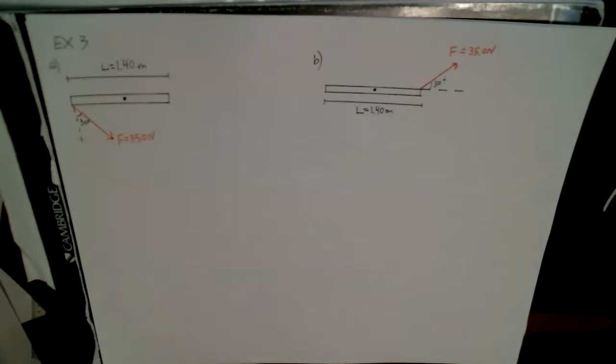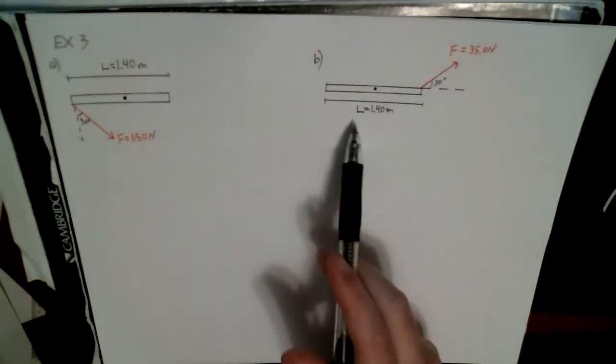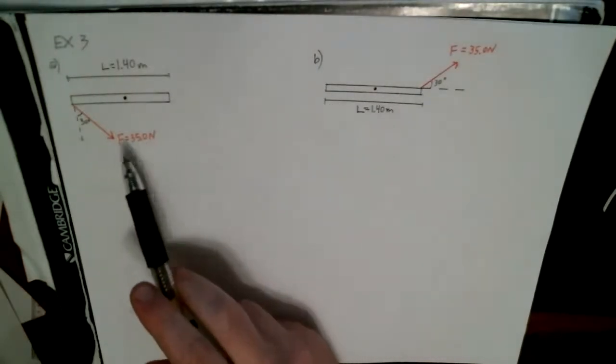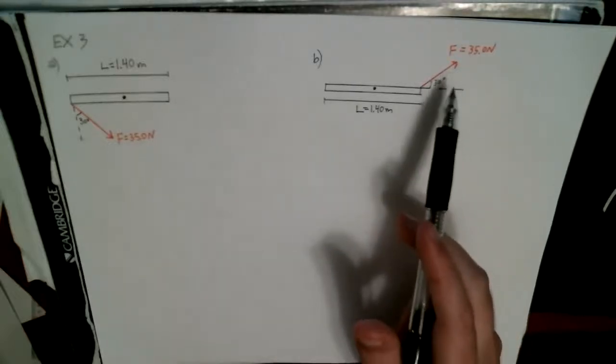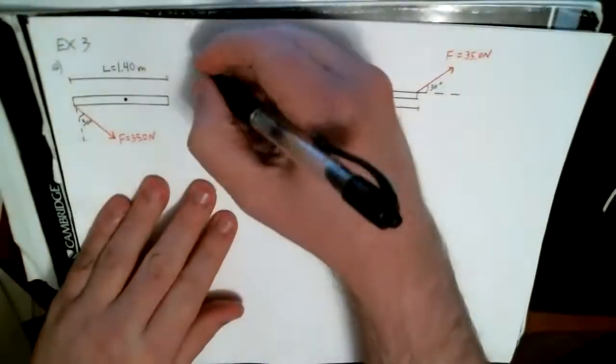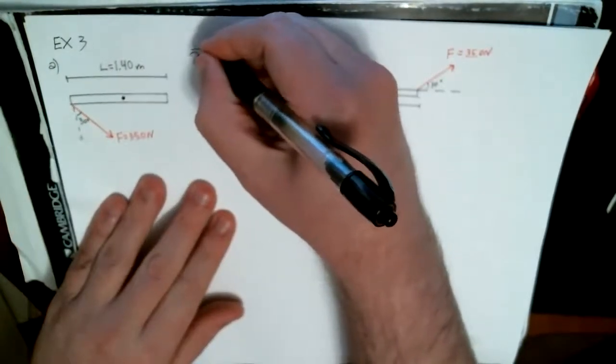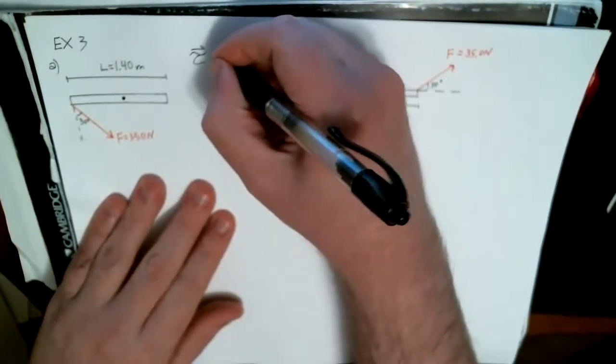Going to start you off on Wednesday by walking you through exercise 3 from the problems for the week. Now, in both parts A and B, we have the same rod, but with two different forces applied to it. In both cases, you're asked to calculate the torque on the rod due to the force.